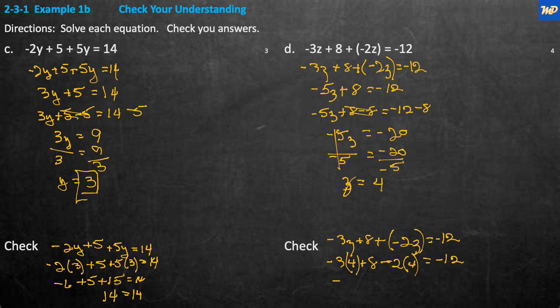So this is negative 12 plus 8 minus 8 is equal to negative 12. And when we simplify this, we get negative 12 is equal to negative 12. Good job, everyone. Good job.